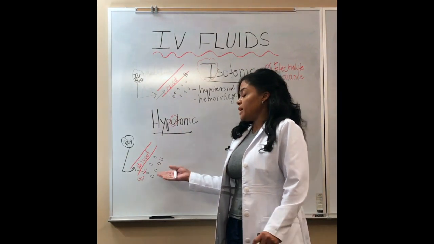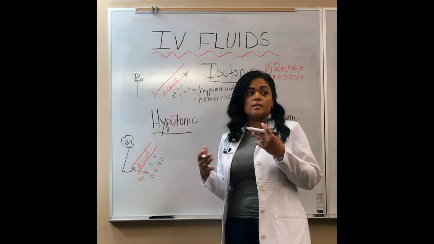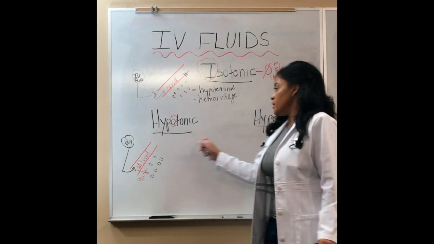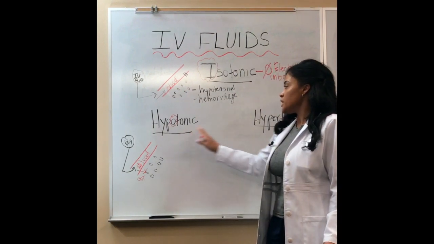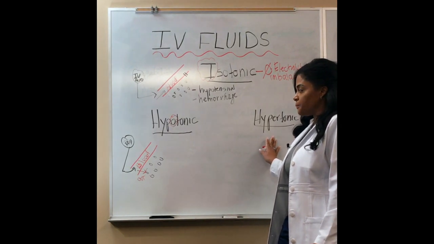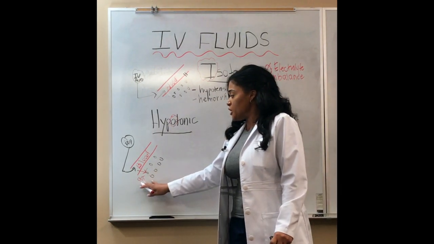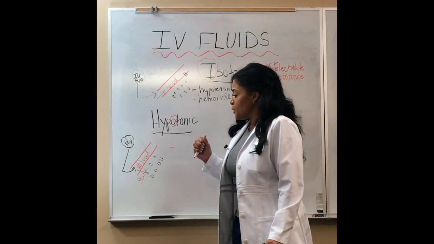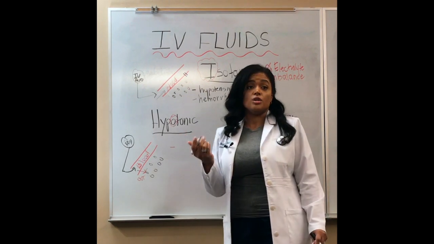So here you might have an electrolyte that's either high or low, depending is what's going to determine which of these two, either hypotonic or hypertonic, you will get. So in this situation, I might have a patient that has, for example, hypernatremia.